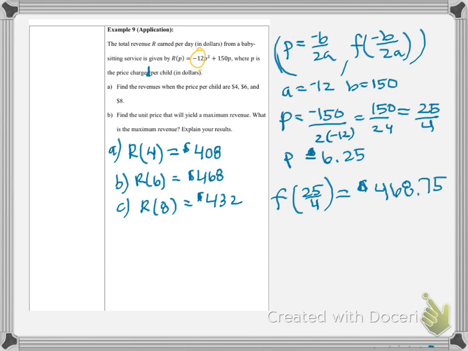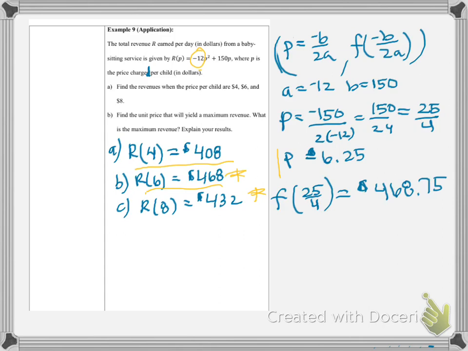And so in terms of explaining your results, you can write this down. I'm not going to write it down, but you should write it down. So what this is saying is this. My maximum revenue, you would think the more you charge per child, the more money you should make, right? You would think that. But this function is a little different because as you can see, I did make more money going from $4 to $6, right? But when I went from $6 to $8, I went down.